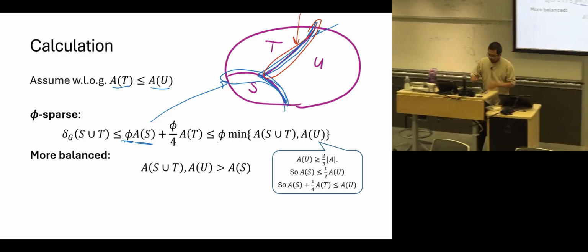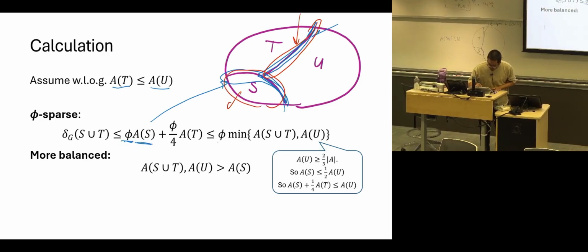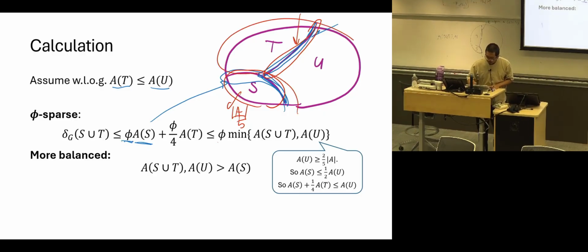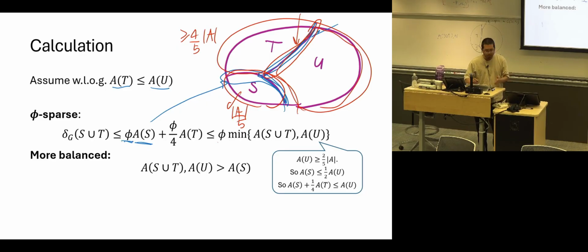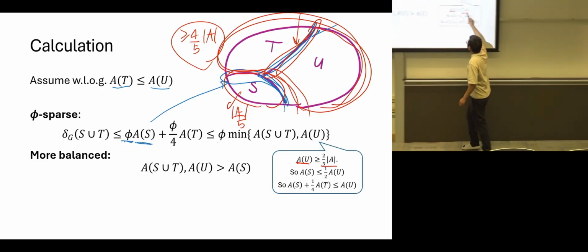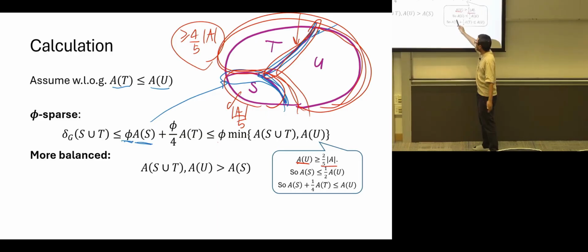Because S here is less than A/5, so this part is at least 4/5 times the whole A. But then U is more than half of it, so the size of U is at least 2/5 A. S is at most 1/5 A, so AS is at most 1/2 of AU.